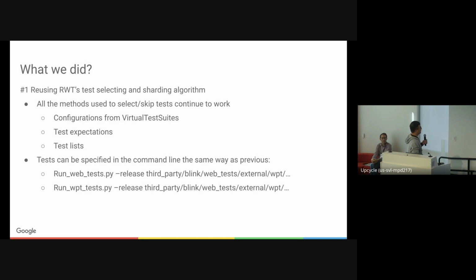Tests skipped through test expectations will still be skipped. The different ways to specify a tests list will also work on run_wpt_tests, and developers can continue to use those tricks to specify tests from the command line. For example, run_wpt_tests.py --release third_party/blink/web_tests/ and the test name will still work.